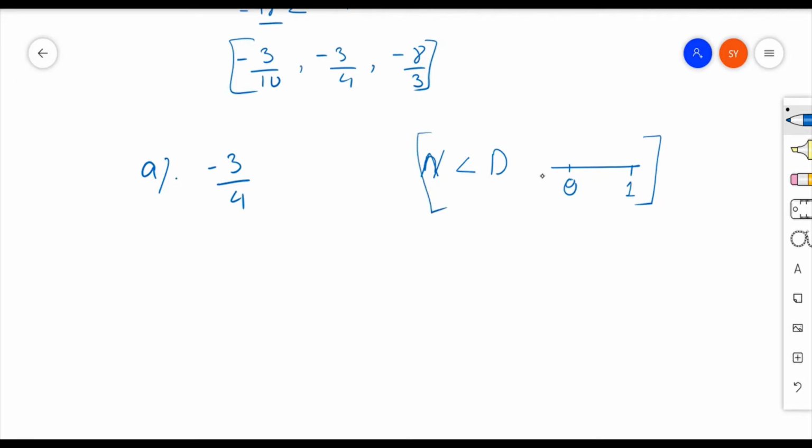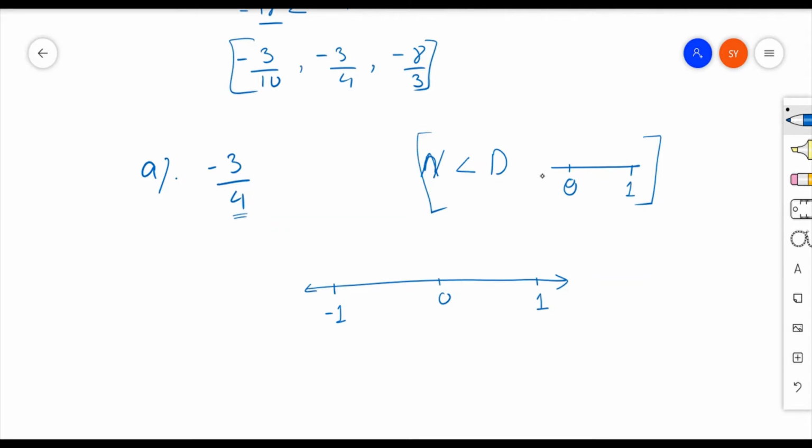So we have the number minus 3 by 4. We'll draw a number line. We have 0 and 1, positive 1 on the other side, and since we have a negative number, we'll put a negative 1. Now, whatever the number in the denominator, you'll divide the number line into that many parts.